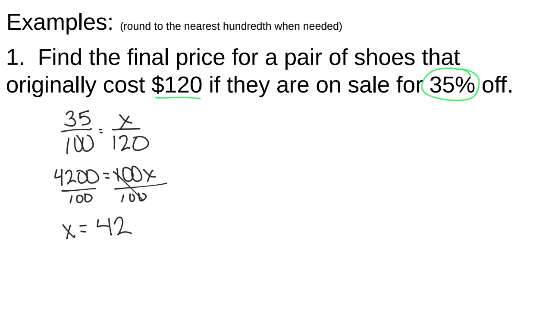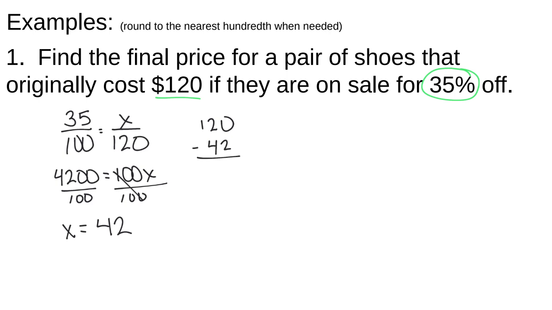35% is not the part that we paid. So 42 is not the part that we paid. Those have to correlate with each other. 35% is the part that we saved. So 42 is the part that we saved. Their original price was $120, and we saved $42.